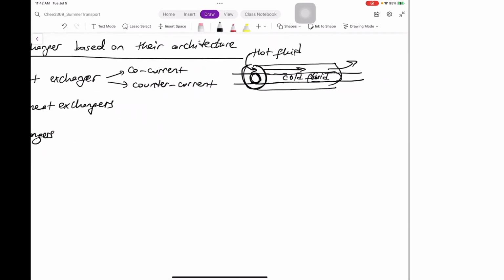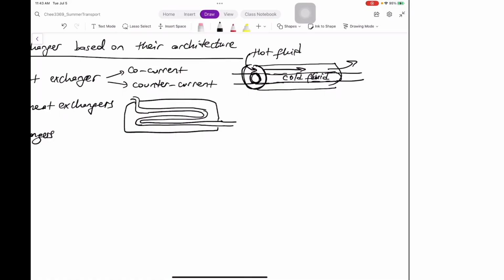The shell and tube actually looks like this. You have a tube. It goes back and forth like this. So many times, not necessarily 2 or 3 times, but it's inside a bigger shell. Then you can send one fluid, for example, the cold one, and then you can send the hot one here.